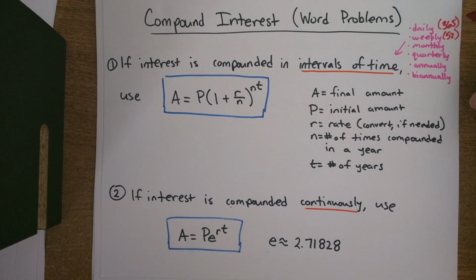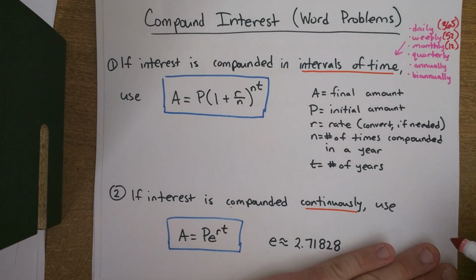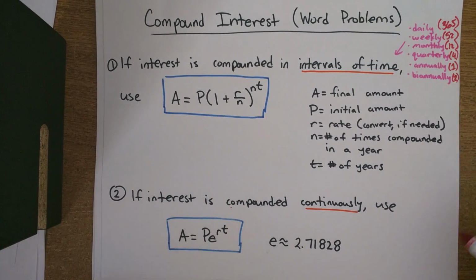And actually, this year's leap year. For our purposes, let's stick with 365, not 366. If it's monthly, there's 12 months in a year, so your N value would be 12. If it's quarterly, that means 4 times a year. If it's annually, that means 1 time, and biannually means 2. There's other things you could do, but we're just going to stick with these in my class.